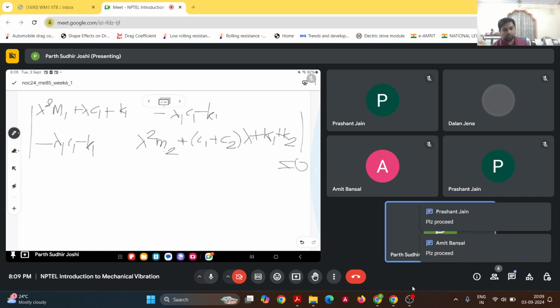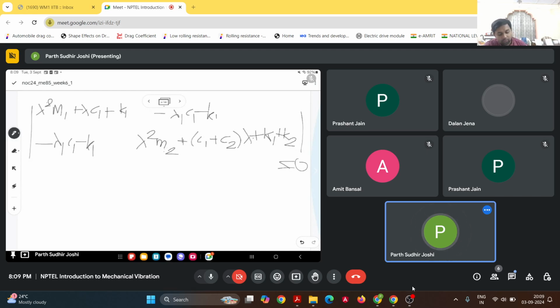Okay, fine. There is a lot of algebra involved in it, so that's why it takes time to write down everything. But conceptually, it's basically the same thing that we do for a single degree of freedom system. If you multiply the terms in the determinant, it's just a 2 by 2 matrix, so its determinant is easy to find out.